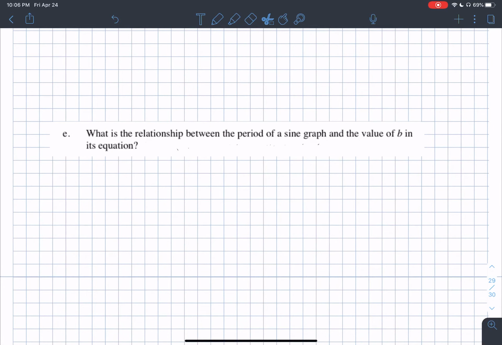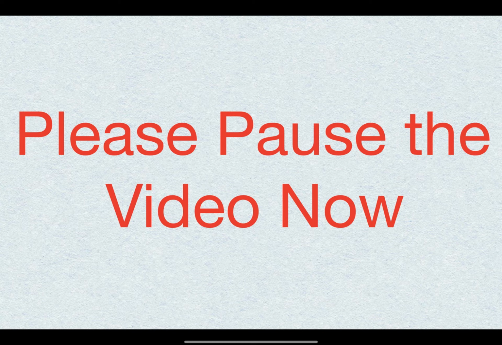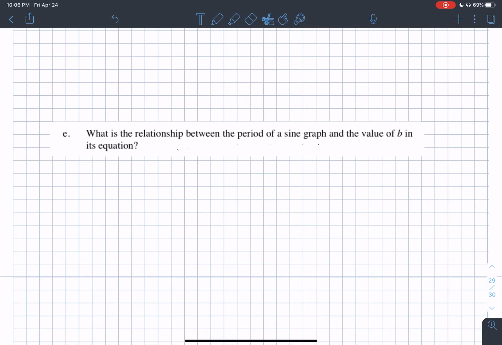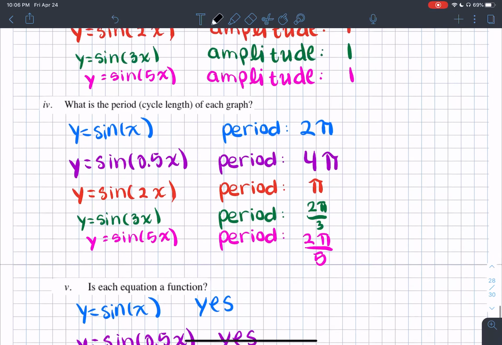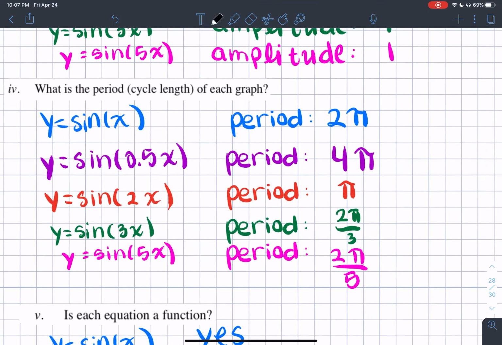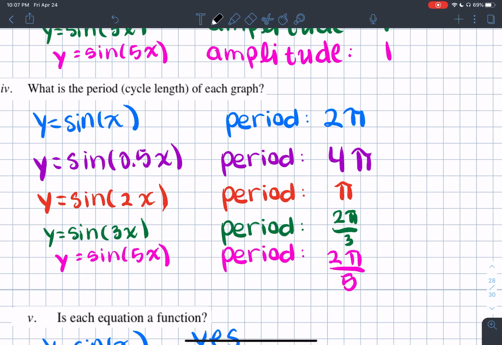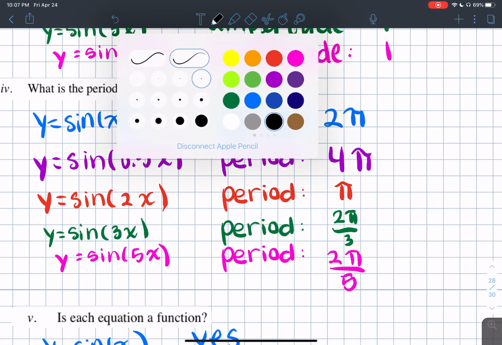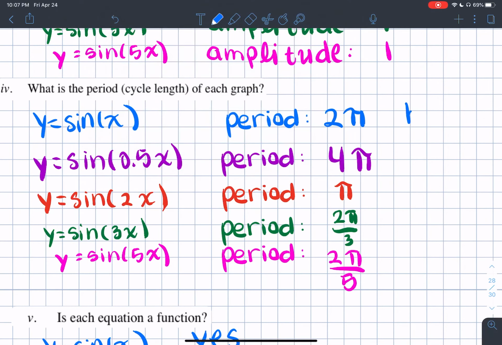So in part E, go ahead and read this now and think about what it's asking you. Pause the video now to read part E. Part E is asking what the relationship between period of a sine graph and the value of b in its equation. So if we look back at part IV, y equals sine of x has b value of 1.